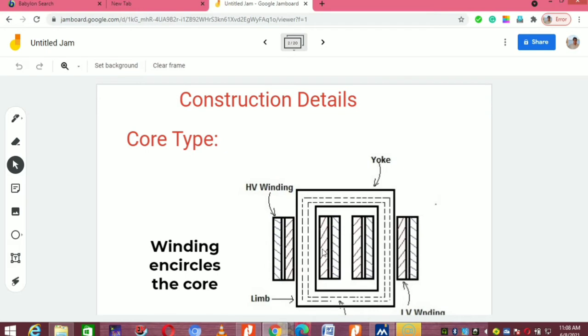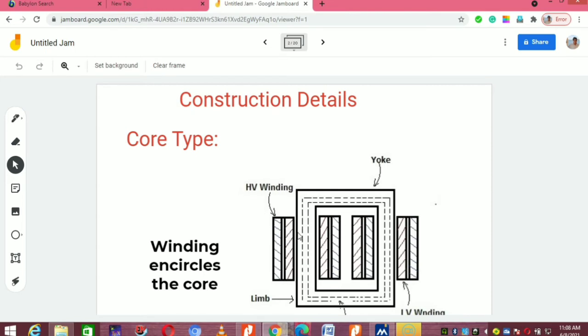This is LV, and half of the LV is placed on one limb and half on another limb, and then half HV on one limb and half of the HV winding on another limb. In between there is insulation between LV and HV, and again between core and LV also there is insulation. So why is half of the LV winding placed on one limb and again insulation and again HV winding?